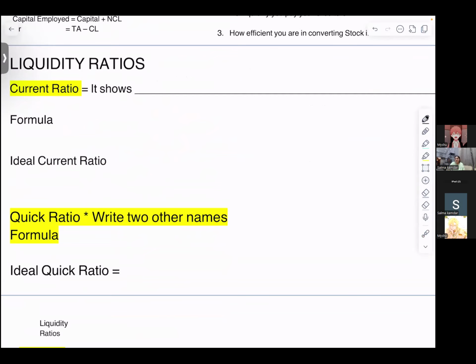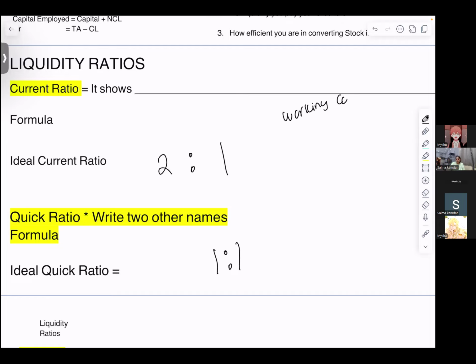What is the ideal current ratio? 2 is to 1. What is the other name for quick ratio? Liquidity ratio, liquid ratio, and acid test ratio. What is the ideal quick ratio? 1:1.